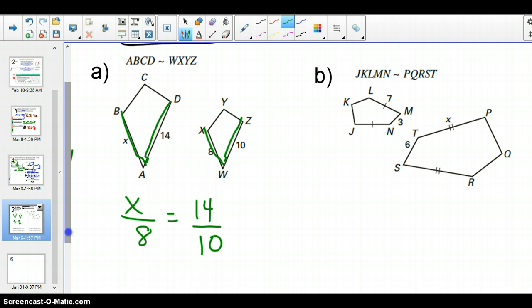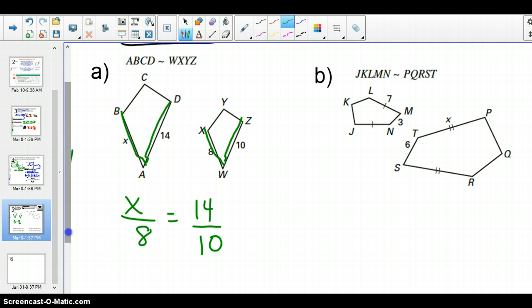And notice how both times I made sure that I put the same side lengths on top. Like I put x and 14 on the top of my two ratios here, which were both coming from my figure on the left. Okay, you can put either side lengths on top if you want. Like if you wanted to put the 8 and the 10 on top, that would be fine.